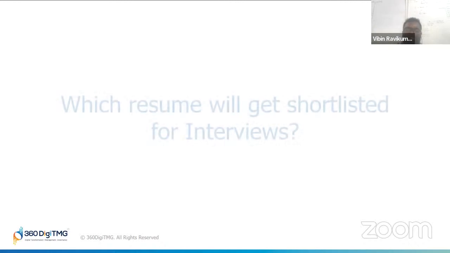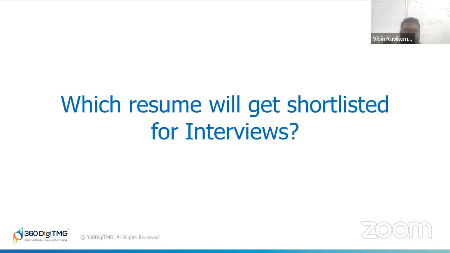Now, who do you think will get selected? Of course, it is student 360. Not only is he getting trained, he's also getting experience of working on real-time projects. This will give him the knowledge of how to tackle problems, how to come up with solutions for real-time problems. This is the added advantage that we're giving our students.